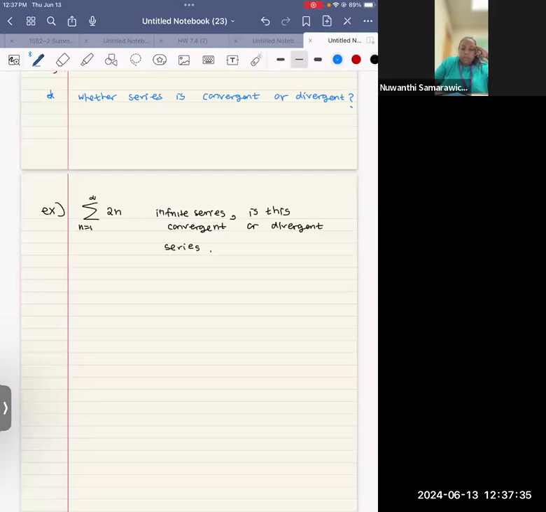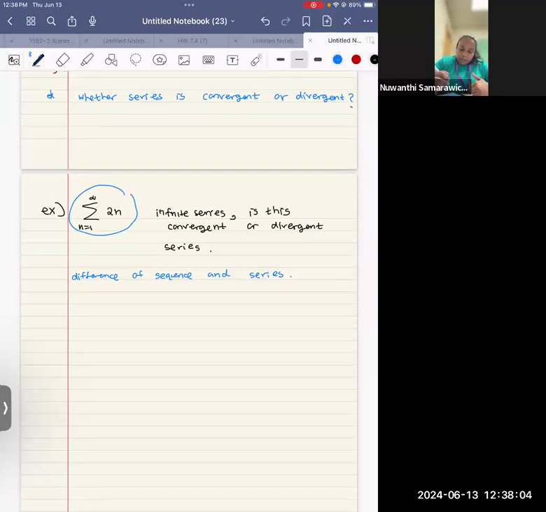Let's first check again the difference between a sequence and a series. This is not the answer for this question, but here we are learning how to solve this. So, the difference of sequence and series.